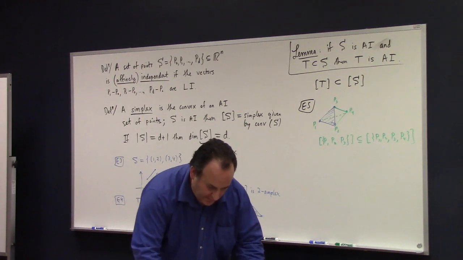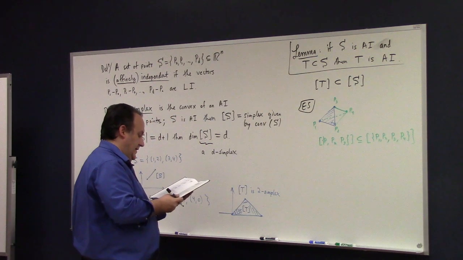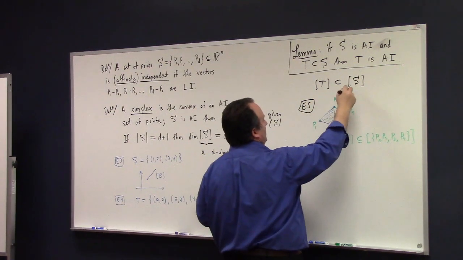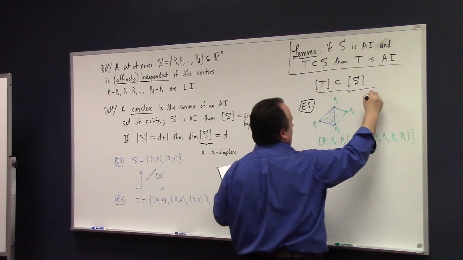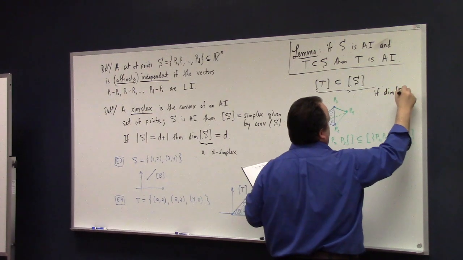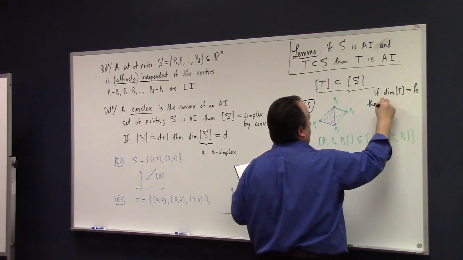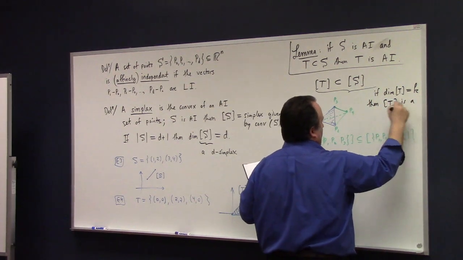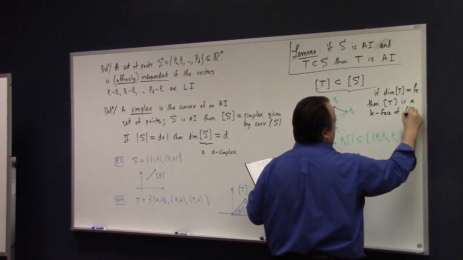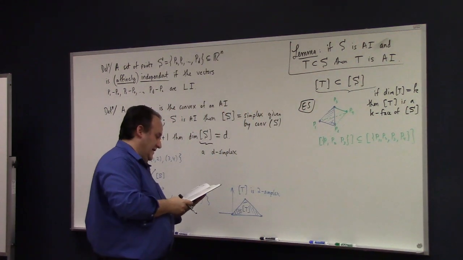Okay, so if this is the situation up here, and the dimension of T is equal to K, then this is a K face of the simplex that's generated by S, right?